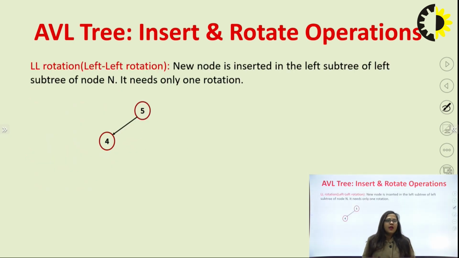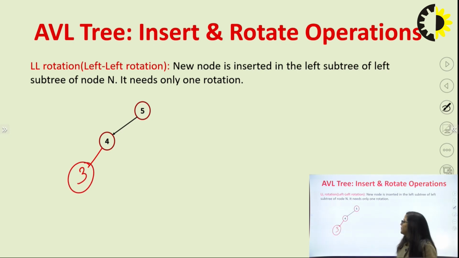Let's suppose we want to see how LL rotation works. Suppose you want to insert a number in the left direction. Let's take 3, it is a BST again. What is the balance factor formula?